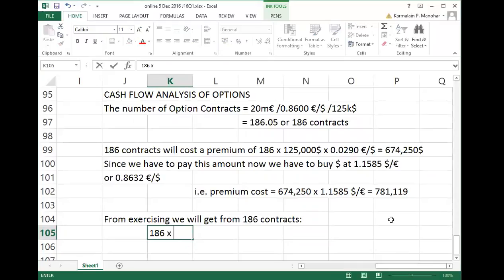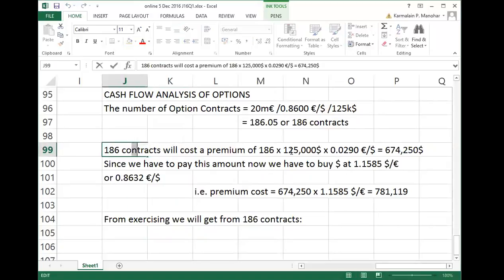186 times 125 thousand dollars. Hold on. This premium cost up here, 674. Hold on. I mixed up some currencies here. 186 contracts will cost a premium.